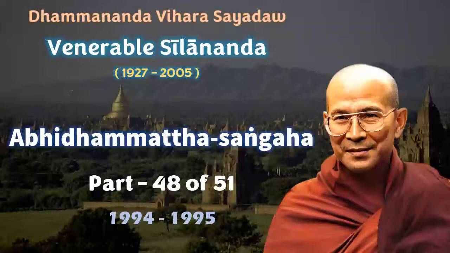Material phenomena or 28 material properties, and they are called rupa. And then consciousness and mental factors, which comprise the 4 immaterial aggregates, and nibbana are the 5 kinds that are immaterial. So, when we divide the ultimate reality into nama and rupa, 28 material properties go under rupa. Citta, cetasika and nibbana go under nama.